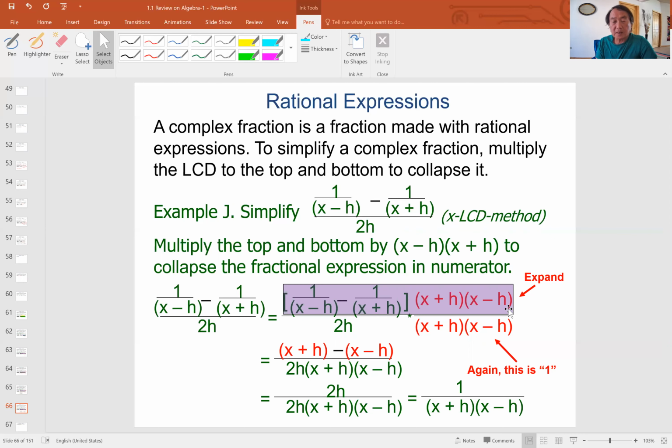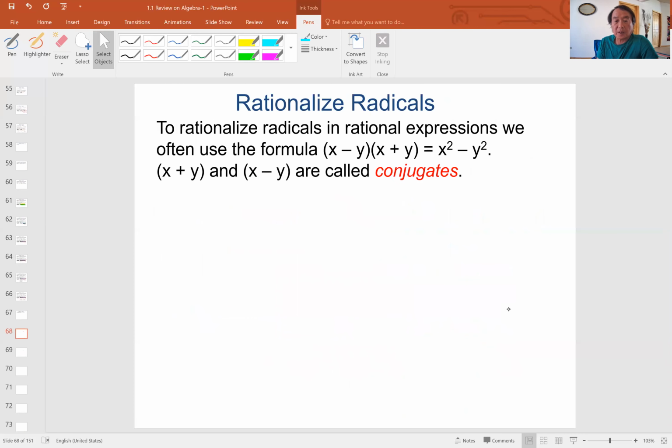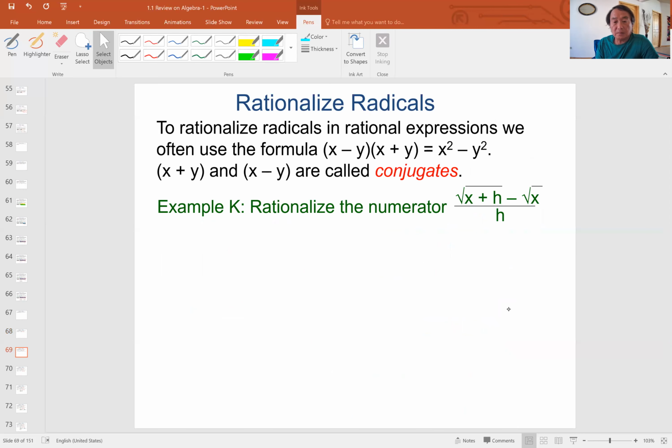You will see this process later on again. Another thing we do with expressions is use conjugates. In particular, we use them to rationalize the numerators or denominators. And here, what does the word rationalize mean?